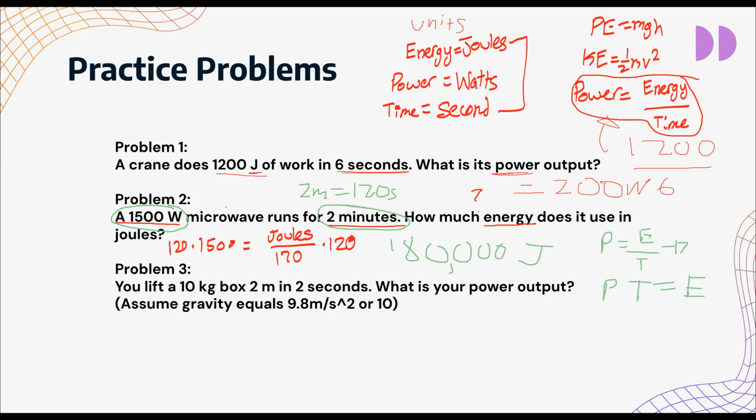So the key for the second one was to convert the 2 minutes into seconds. I think that was the hardest part, because some people mix up using minutes with the watts. I don't think you use watts with minutes, I think it's watt hours.